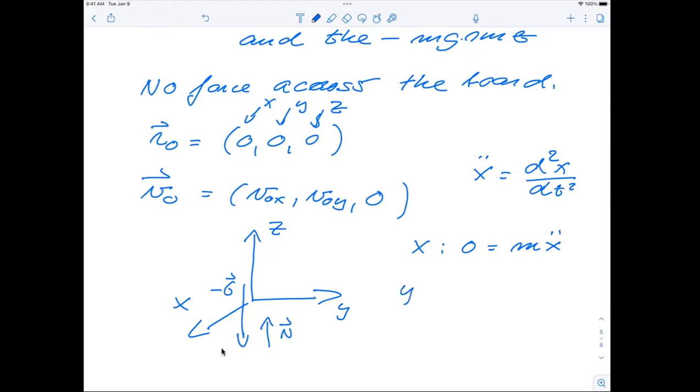If I look at the y direction, then I have minus mg times sine theta, because that will be the force which acts on the puck on the table. This is equal to m times y second derivative, which is the acceleration in the y direction, the same as m times ay.